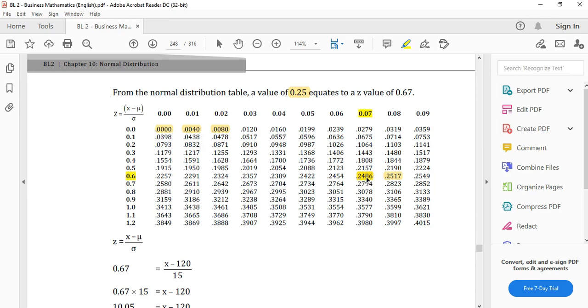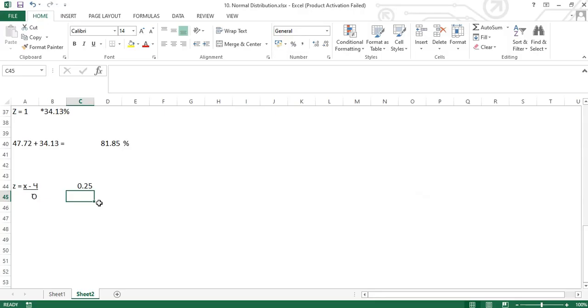So in here, what is the Z value? 0.6 plus 0.07, because the horizontal and vertical line both represent Z values. So the addition of both will give the total Z value, which is 0.6 plus 0.07, which is 0.67.